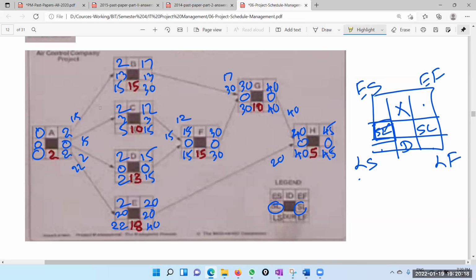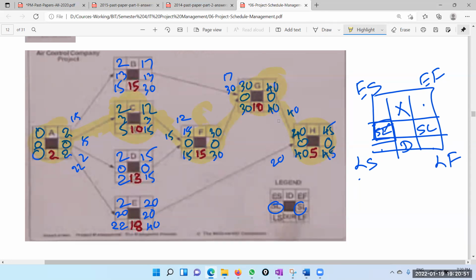And now you can see that this is the path, the critical path. So from here, this task has slack 0, slack 0, and of course this final one is always slack. So therefore, that is your critical path. So what are the critical activities?